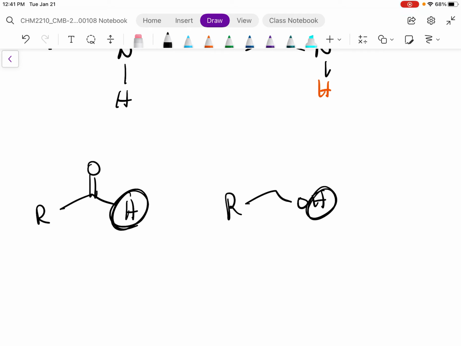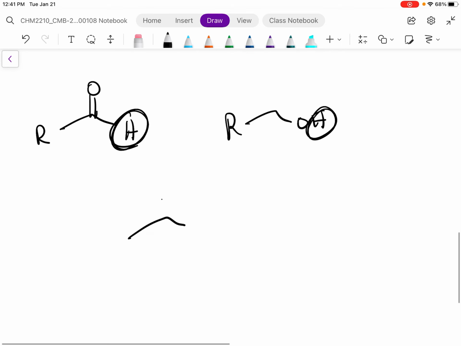If it's an acyl halide instead, can it still take the electrons even though if the other one's fluorine, it's more electronegative? Can it still take the electrons from that one? Like this?